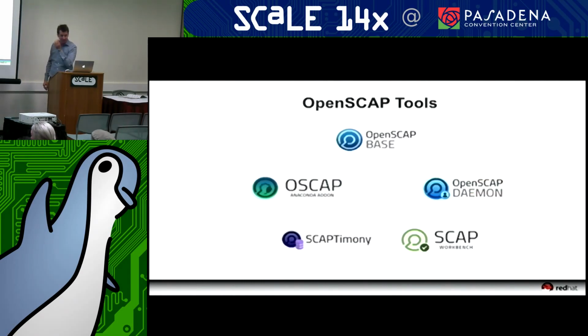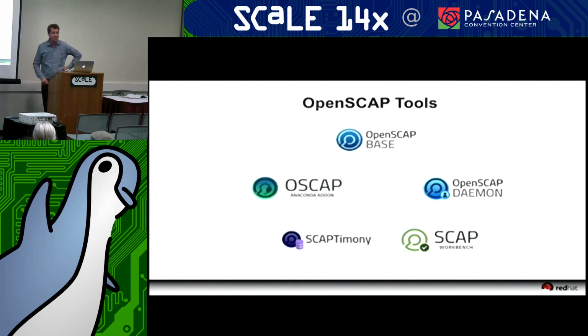And so the OpenSCAP toolset really consists of currently 5 different key things. One is the OpenSCAP base project. This is the CLI and library, and we'll go through some of the use cases. OpenSCAP daemon, this is a service that runs in the background, can automate the running of scans.